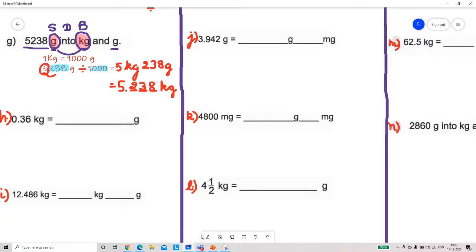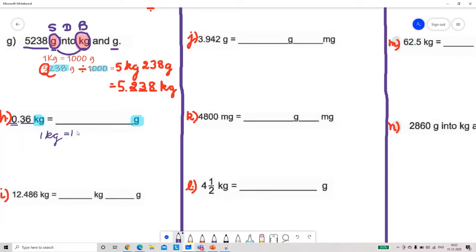Again, in the next question, we can see that we are moving from kilogram to grams. So we are moving from kilograms to grams, and we can see that there are 0 kilograms here, and how many grams are there? 36. Now we know that 1 kilogram is equal to how many grams? 1000 grams. Let me write quickly. 1 kilogram is equal to 1000 grams.